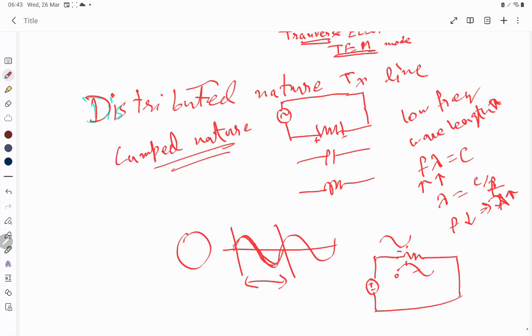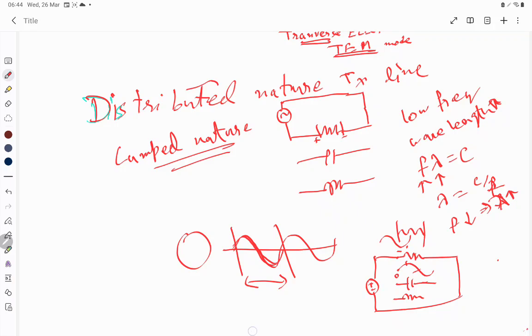At some point again it is crossing 0 volt, and at some point it is again reaching a minimum. So across the resistor itself there is a potential distribution, because your wavelength is now comparable to your element, and this will happen if you are using a capacitor or an inductor at these frequencies. It may so happen, even at higher frequencies, that these lumped elements, resistors, capacitors, inductors, are in size comparable to multiple wavelengths.